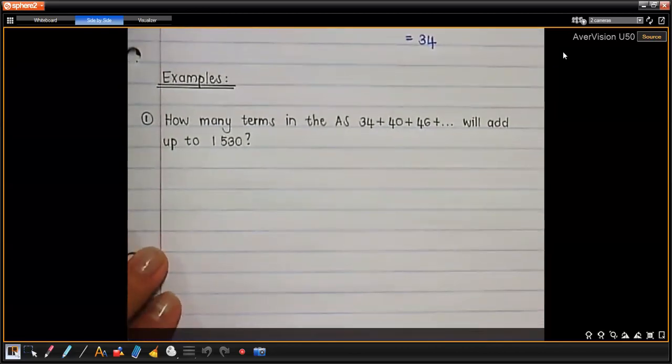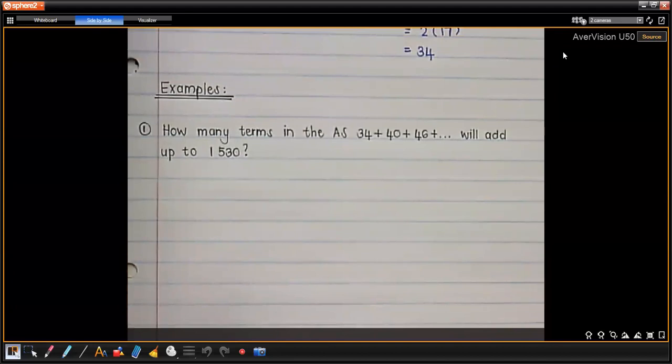How many terms in the arithmetic series 34 plus 40 plus 46 will add up to 1,550?